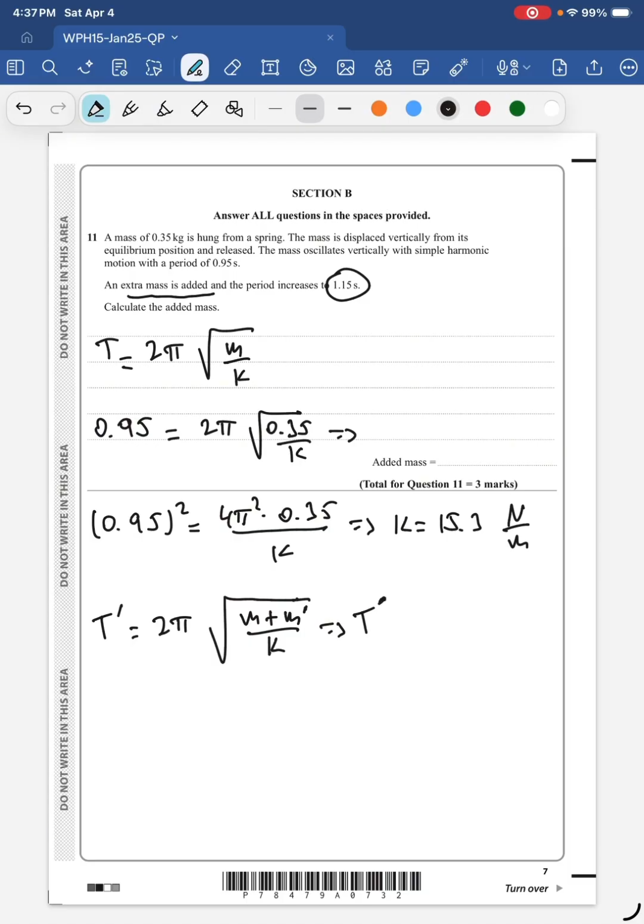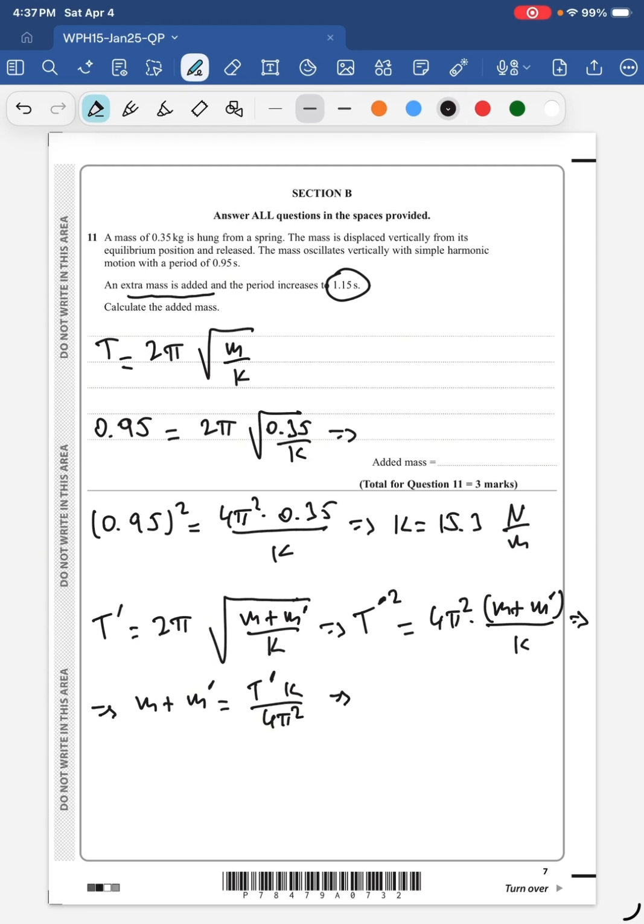So T prime squared is 4 pi squared times m plus m prime over k. Therefore, m plus m prime is T prime squared times k over 4 pi squared.